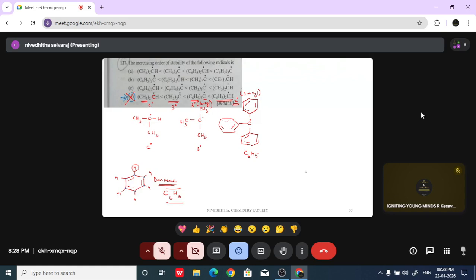Ma'am, in the C option, the first one is secondary plus benzyl. What kind of intermediate is this? Secondary plus benzyl. Very good.